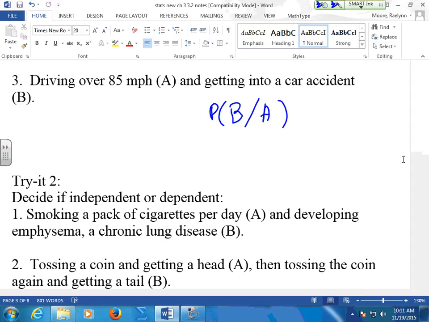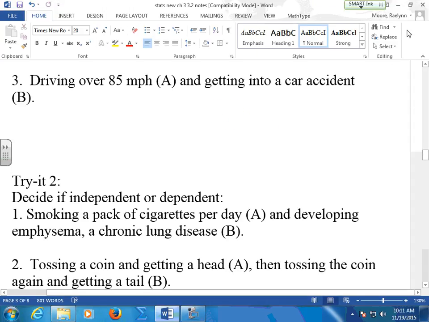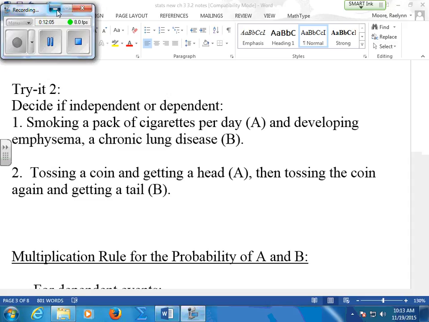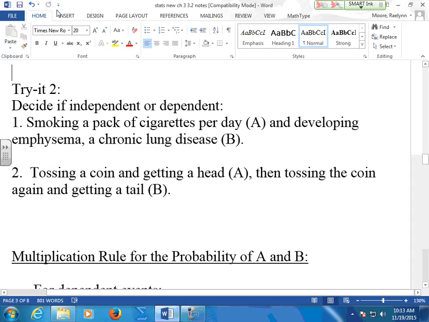Is that dependent or independent? Dependent. And it has subjectivity in there. Does it mean that you will get into a car accident? It just means your probability is there because you're over the speed limit, you're driving too fast, and so on. So there's a lot in there to add. Just has a little subjectivity in it. Okay, I want you to take a minute, and I want everybody to do these 2. That has to happen first.